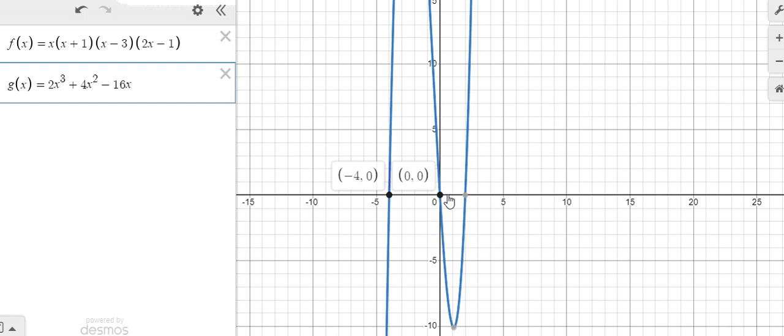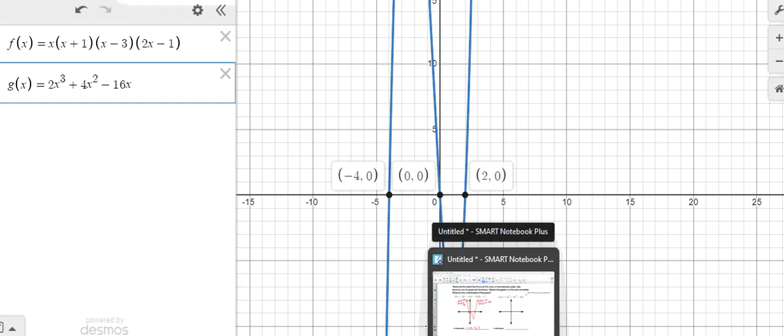Here's my 0, and then here is my +2. So again, our solutions are where this thing crosses the x-axis, otherwise known as our x-intercepts. We call those the roots, the solutions, the zeros, x-intercepts. They all mean the same thing.